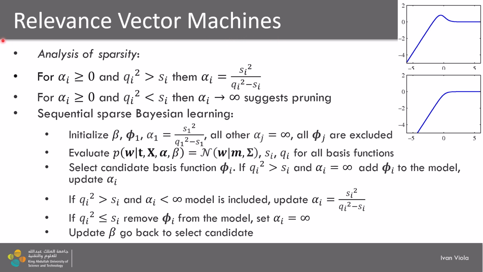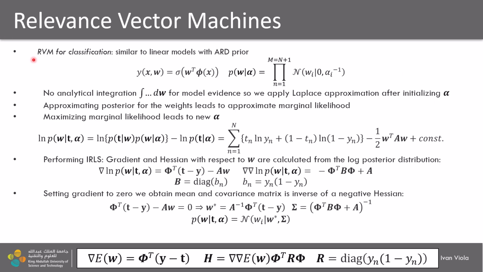We will just now in the next look into the last part, which is the relevance vector machines for classification. So vector machines can also be applied to classification. Let's revise how the linear models for classification were defined.